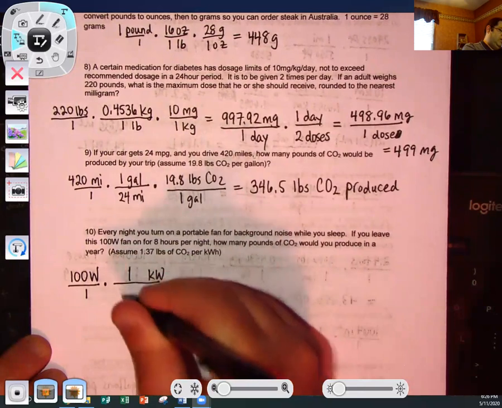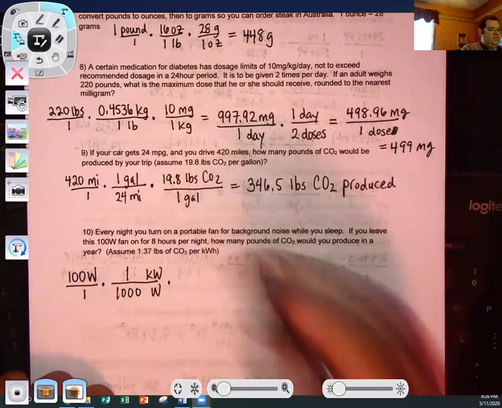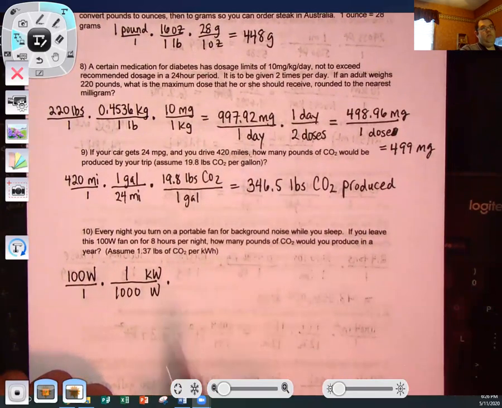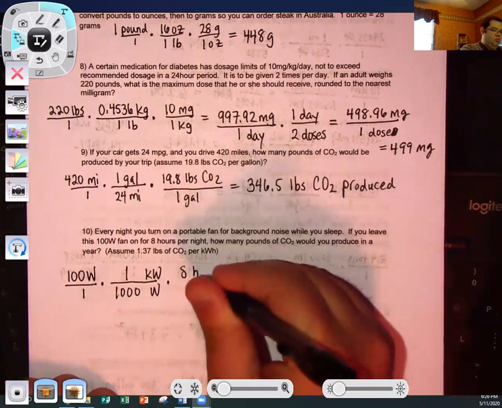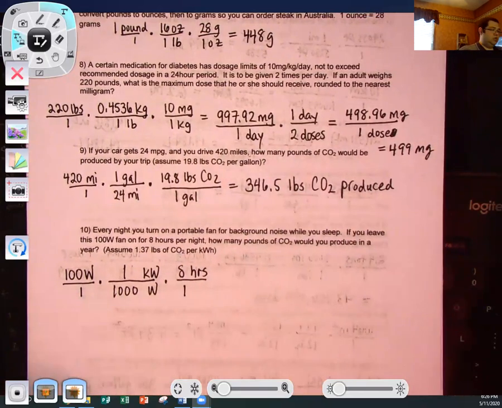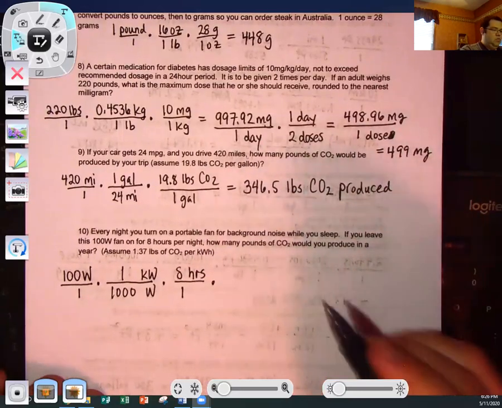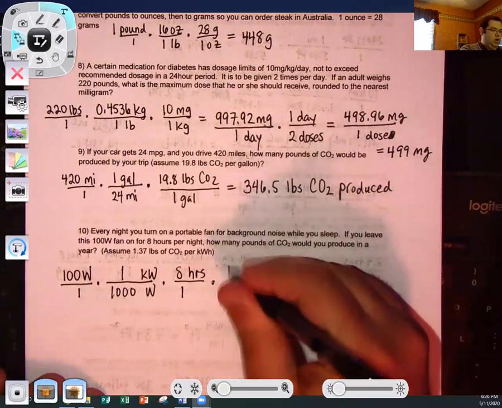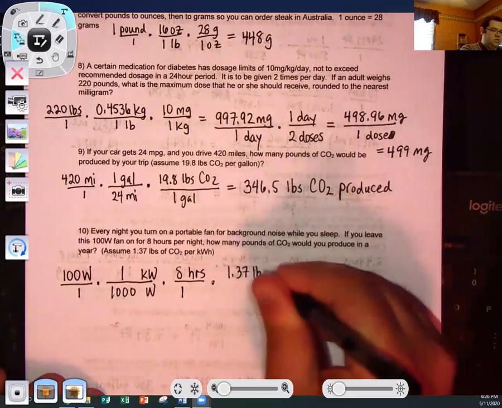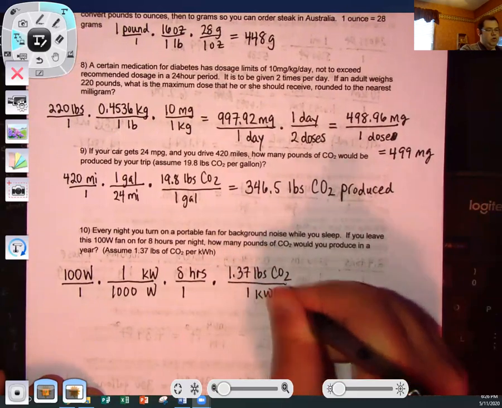So remember that 1 kilowatt is 1,000 watts. Then we have to take this and multiply it by the amount of time that it's on. So we're going to multiply this by 8 hours. When we do that, that now gets us in the kilowatt hours. So then the final step would be to multiply by 1.37 pounds CO2 per 1 kilowatt hour.